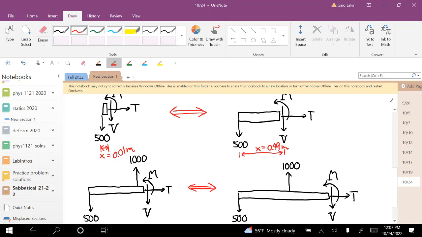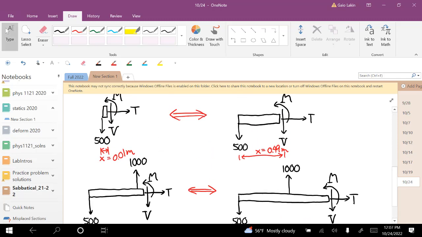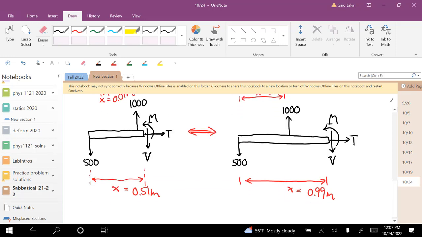But you could imagine drawing a free body diagram that represents both of those first two, with x representing the length, and then the second two have x representing the length.